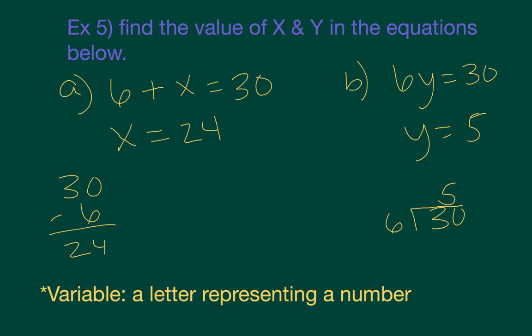If you notice, that's the opposite of what's actually showing in the equation. Because you have a positive 6, to get our answer, you subtracted it. The opposite of addition is subtraction. What about 6y? 6y is multiplying. What's the opposite of multiplication? Division. And that's how we got our answer.